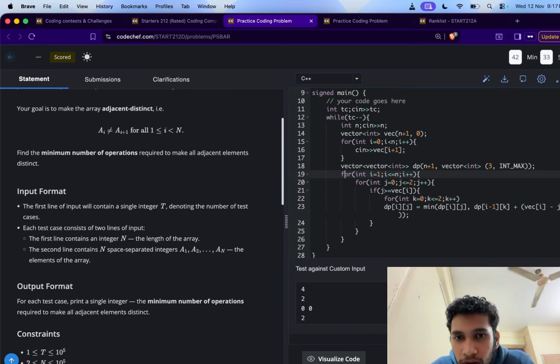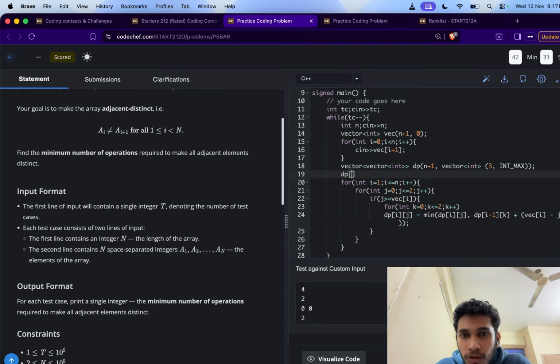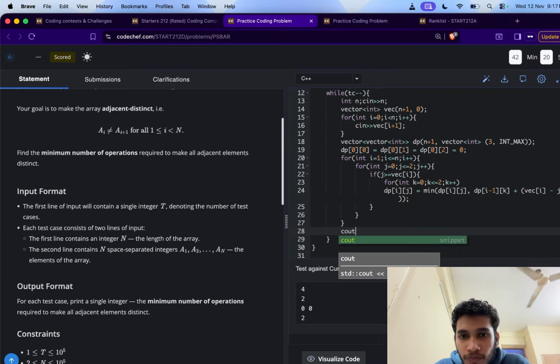What are the base cases? Initially, the 0th index is 0. And what do we need to output?